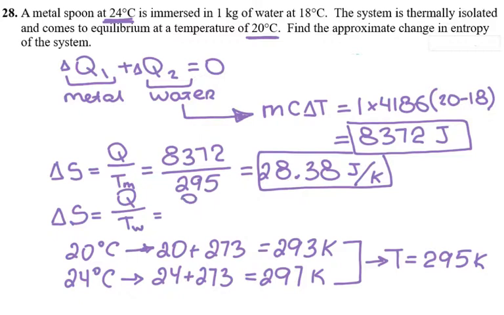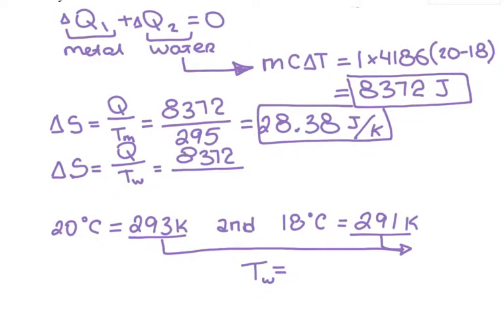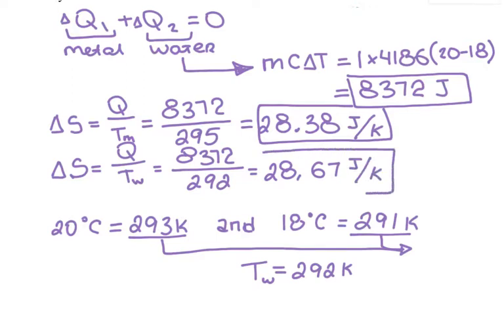So that's again 8372 divided by the average temperature of the water, which is 292 Kelvin. So I'm going to divide by 292 Kelvin, and that is equal to 28.67 joules per Kelvin. So this is the entropy lost by the spoon, and this is the entropy gained by the water from the loss of energy from the spoon.